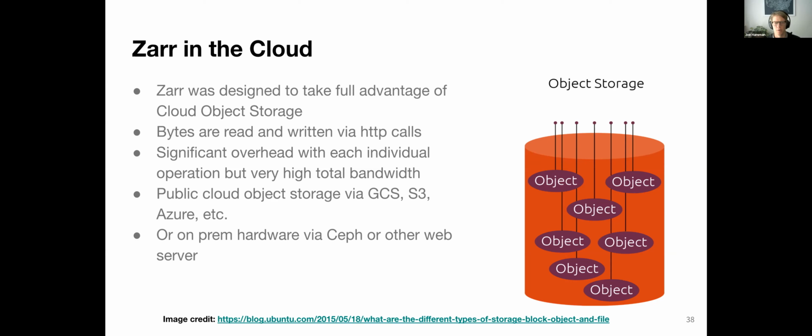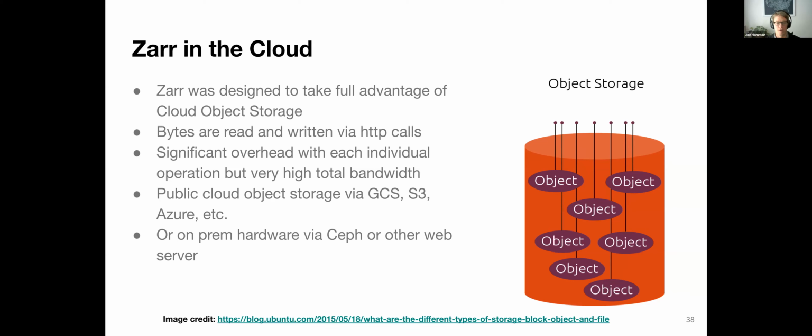Something to keep in mind when using cloud object store is that for any individual operation, there's quite a bit of overhead, but when you parallelize access to many objects at the same time, the cumulative total bandwidth is really high.